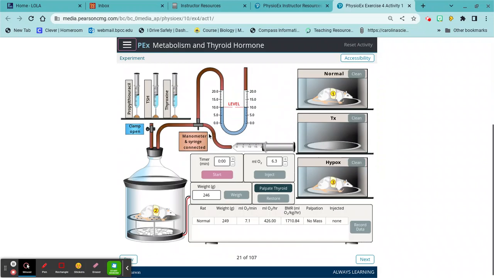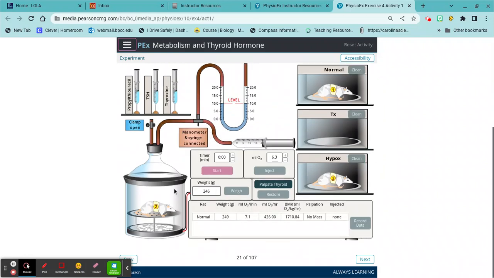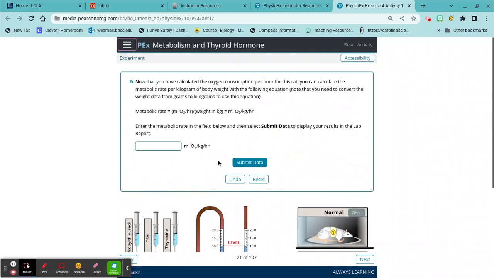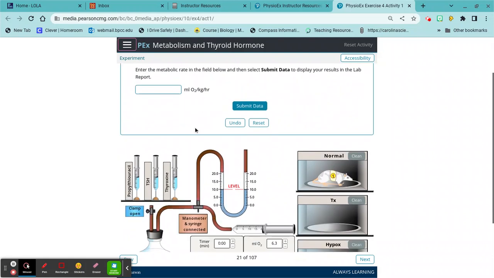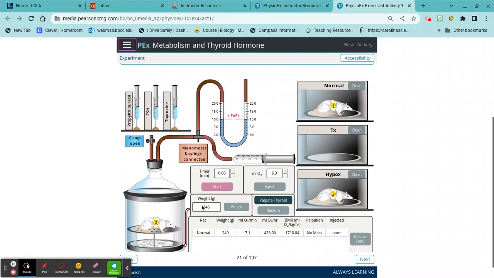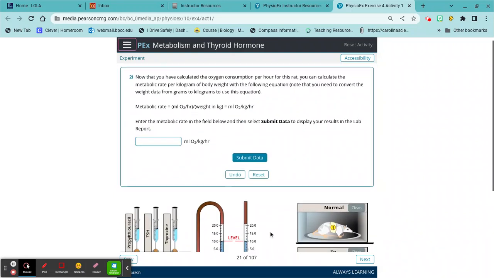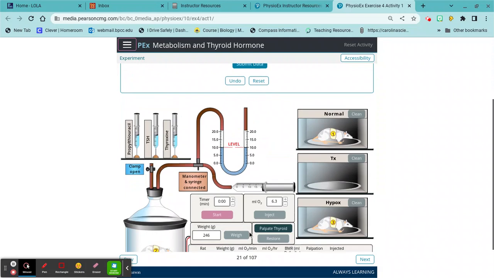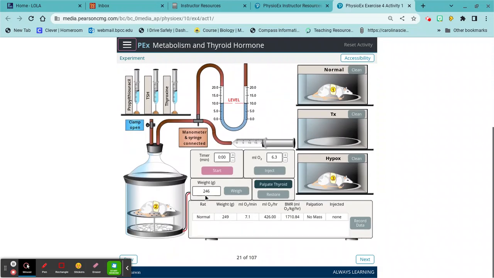So the same basic thing, but we're doing the difference in weight. So we're taking that 0.105 milliliters of oxygen per hour, and we're going to divide that by our weight. The weight of this rat was the same, so it's 0.246 because we would move 3 spaces to the left, okay?